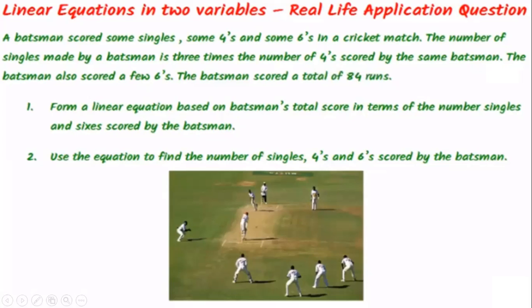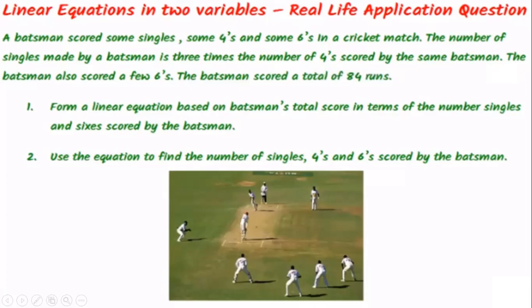The batsman also scored a few sixes. Now, the batsman scored a total of 84 runs. What you're supposed to do is form a linear equation based on the batsman's total score in terms of the number of singles and sixes scored by the batsman. So you may take that the number of fours be x.